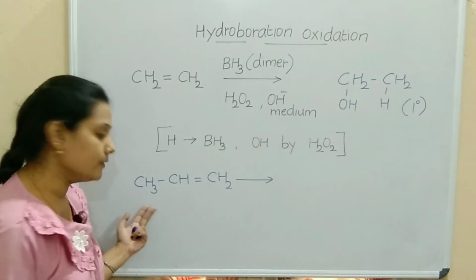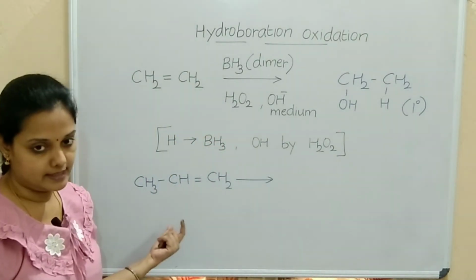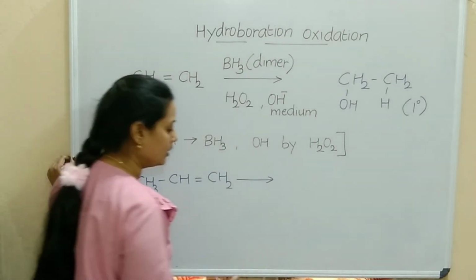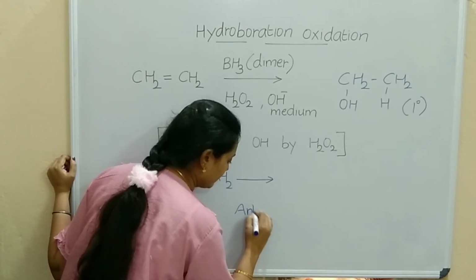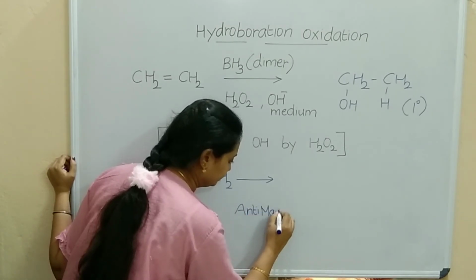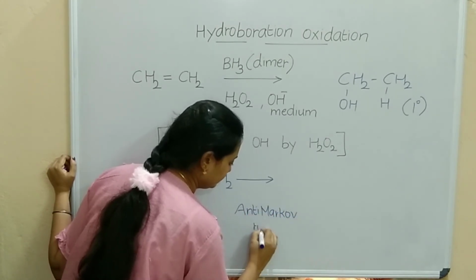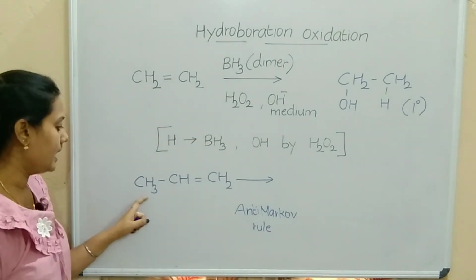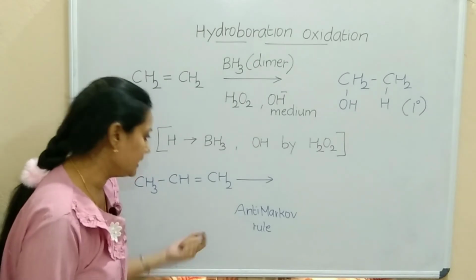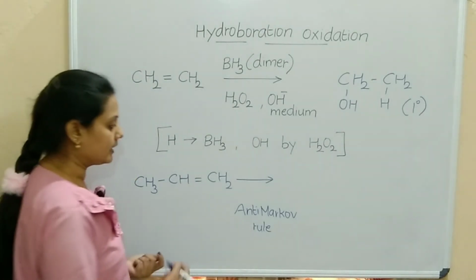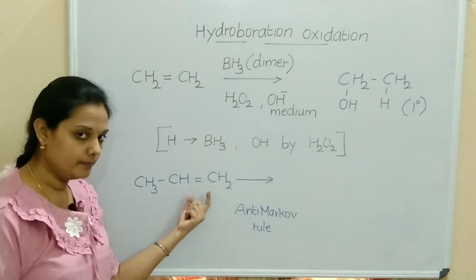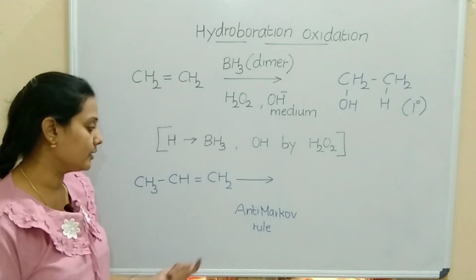What about in the case of unsymmetrical alkenes? Here in unsymmetrical alkenes we follow anti-Markovnikov's rule. Anti-Markovnikov's rule means the negative part of the reagent will attach to the carbon of the double bond having more number of hydrogen atoms.